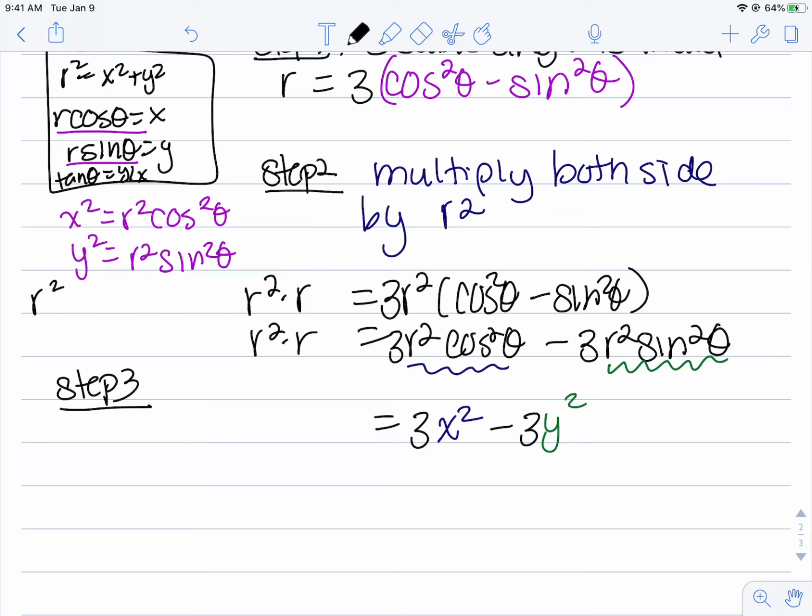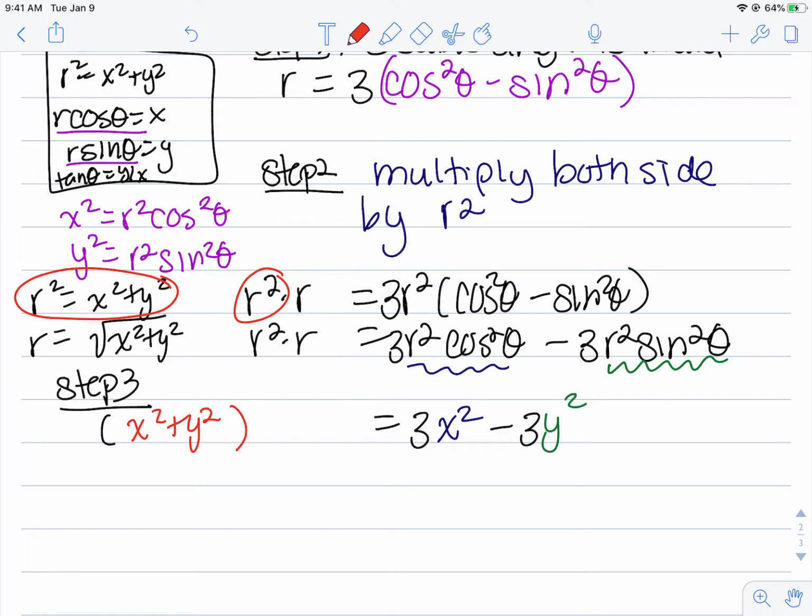So if r squared equals x squared plus y squared, then r is equal to the square root of x squared plus y squared. So I can substitute back into r. So I'm going to substitute for r squared, x squared plus y squared. And then for r, I can substitute root x squared plus y squared.